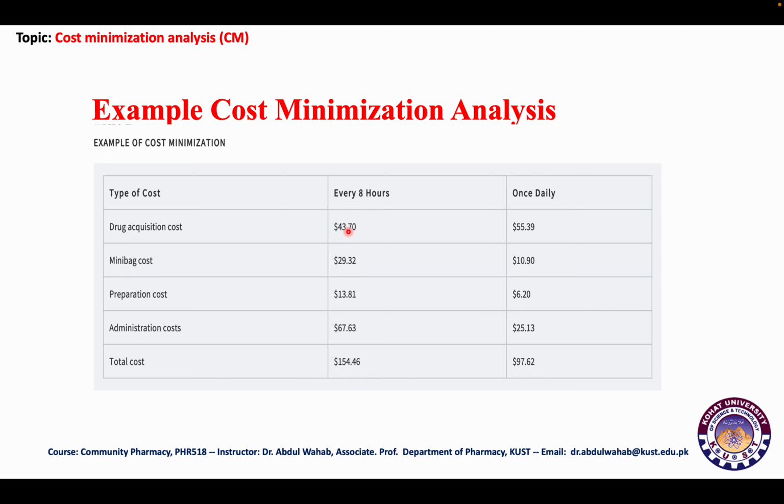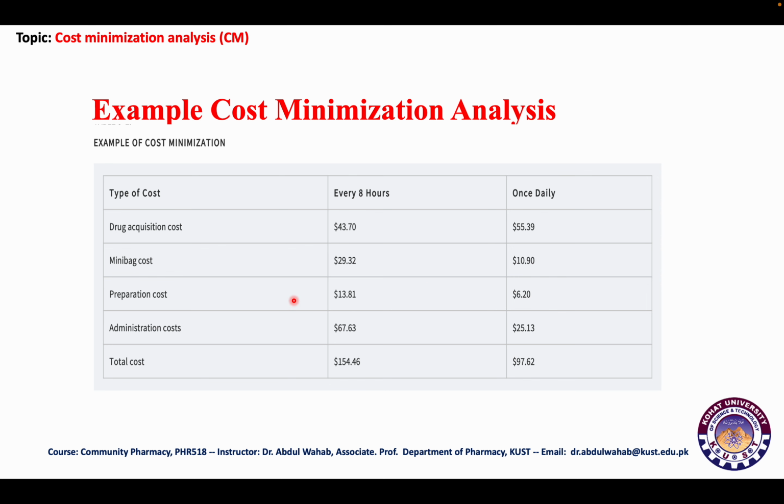For each product the price is $43.70 and the mini bag cost is $29.32 for the product administered every 8 hours, and for the product administered once a day the mini bag cost is $10.90.